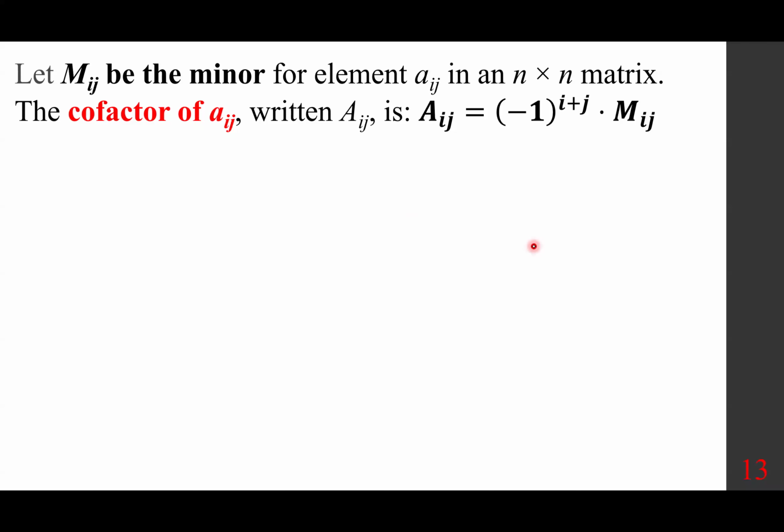The very first one is the element A11. 1 plus 1 is 2, and negative 1 to the power of that is positive. So it is negative 1 to the power of the sum of row and column.